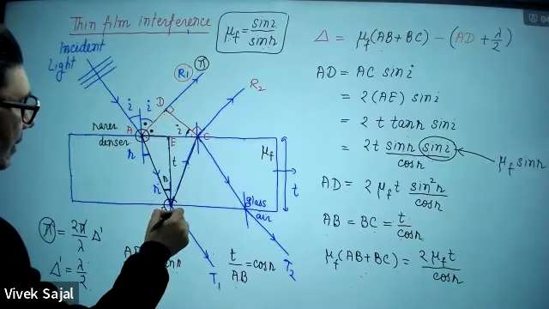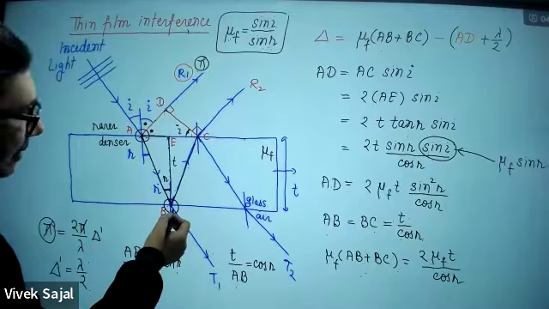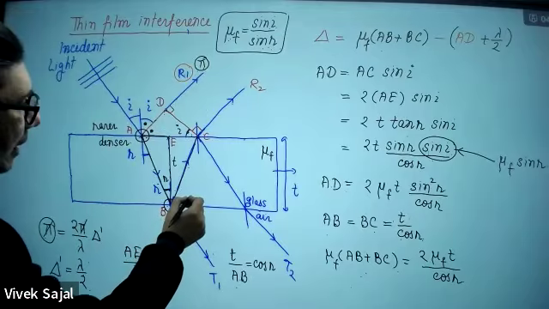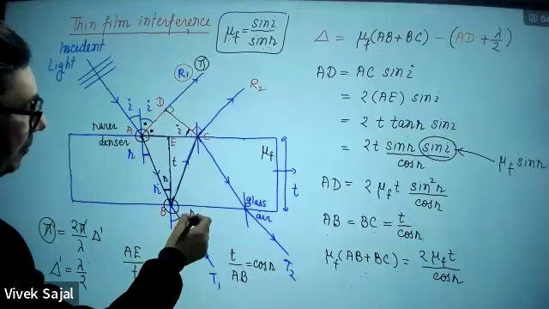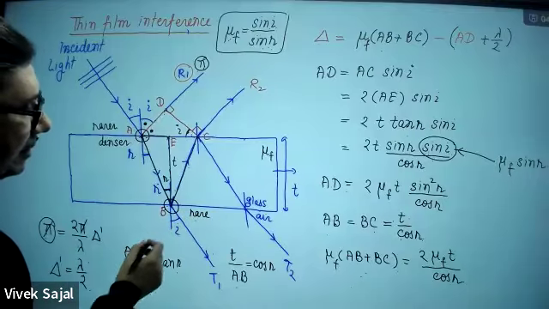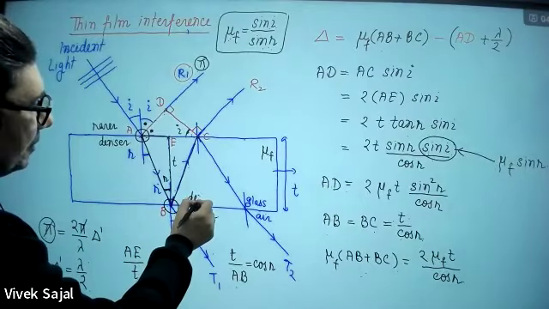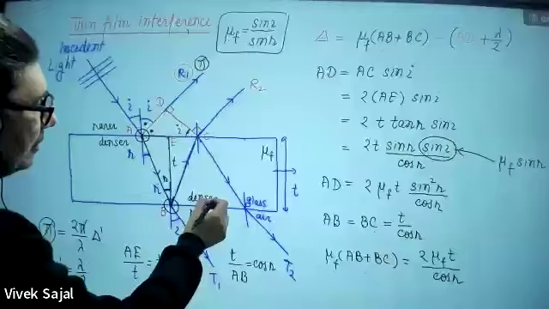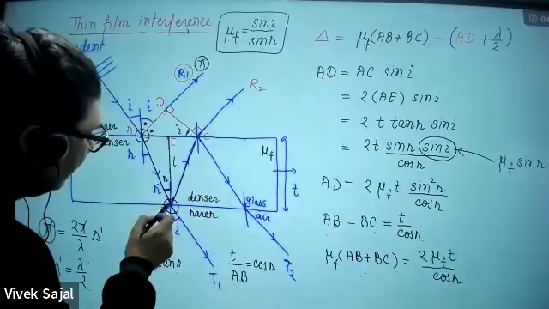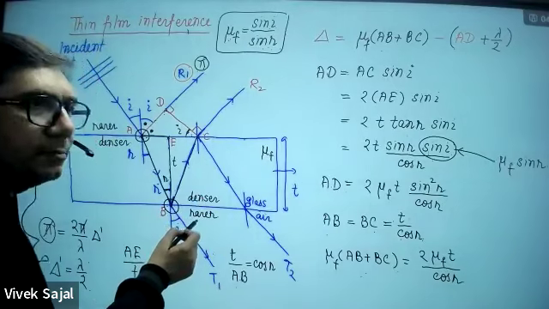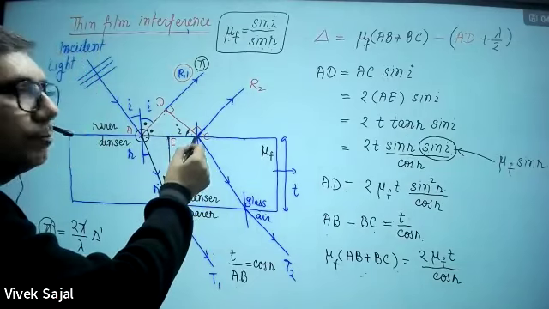The second reflection is taking place here at the rarer medium, so no extra phase of pi is there.